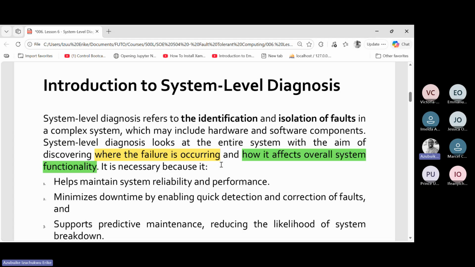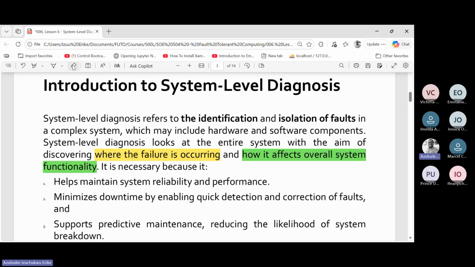So the understanding of this helps us to minimize downtime by enabling quick detection and correction of faults, because we have an understanding of how the system is working. So it helps us to predict maintenance.